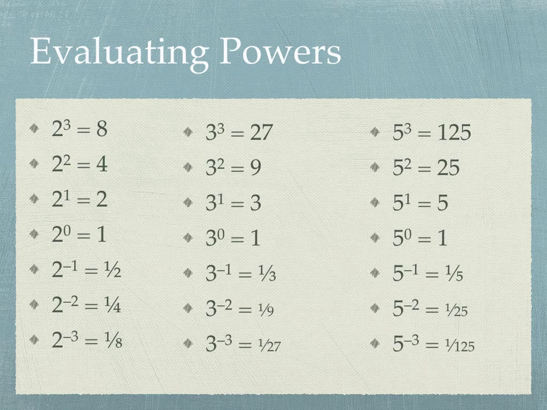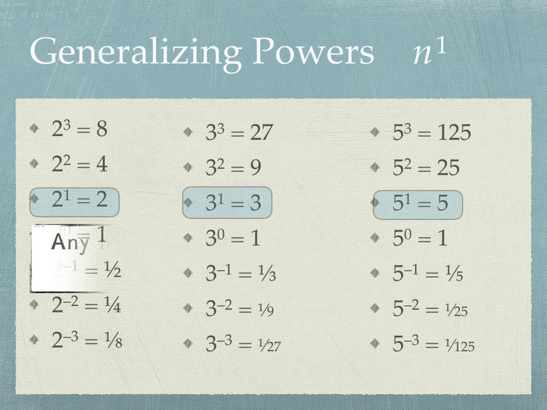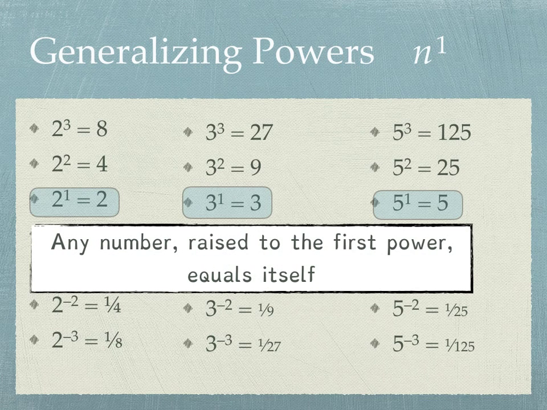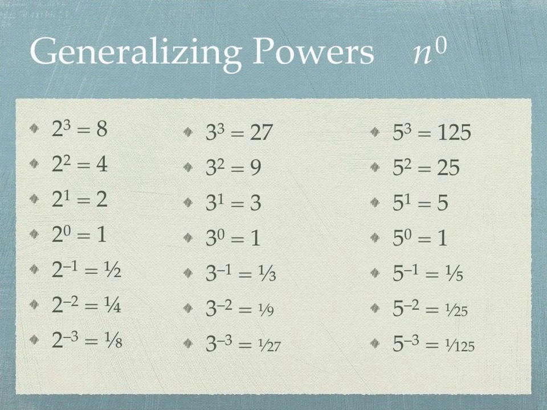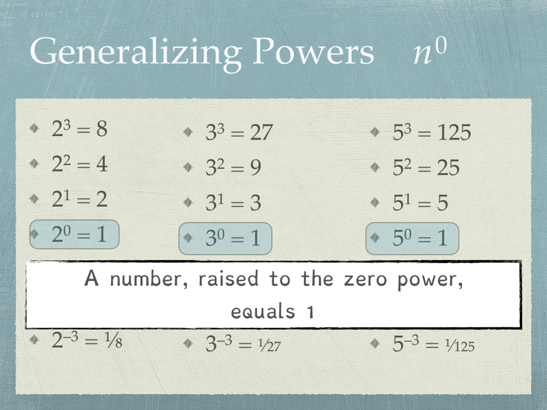And let's start to generalize something about these powers now. Let's look for any number to the first power. So we can see that any number, based on these 3 examples, raised to the first power equals itself. How about raising a number to the 0 power? Any number raised to the 0 power equals 1, according to these 3 examples.